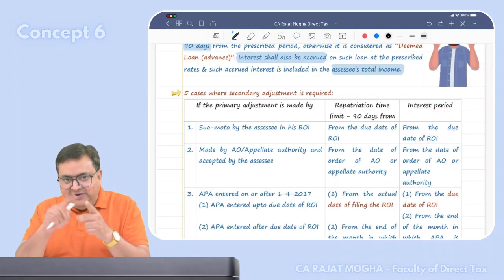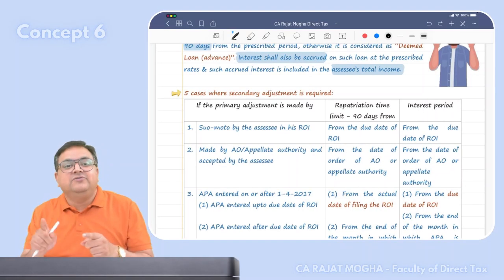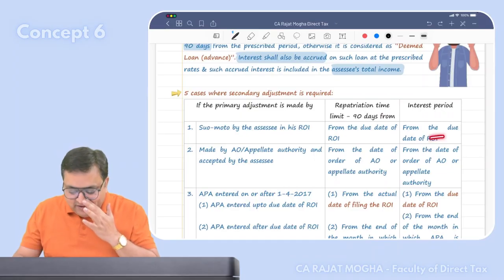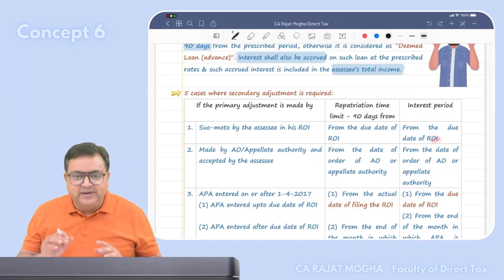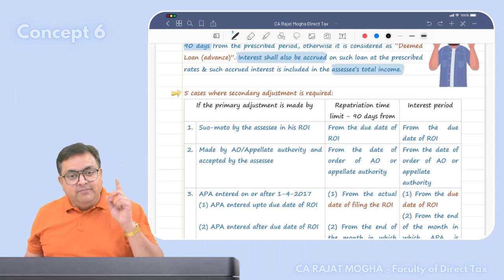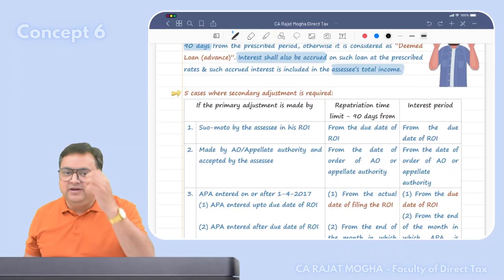Whether we start from 30th November or from 1st of December, from 30th November itself, that day will also be counted. So from the due date of ROI, you have to calculate the interest, make the interest accrued, and we will make that interest your income also.